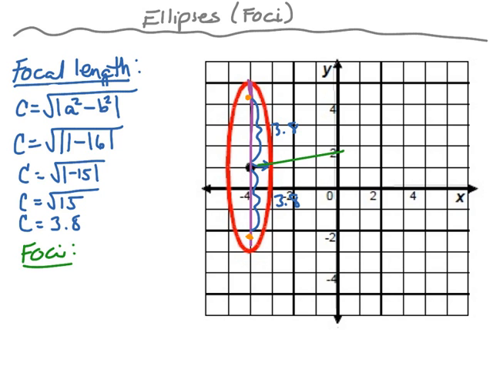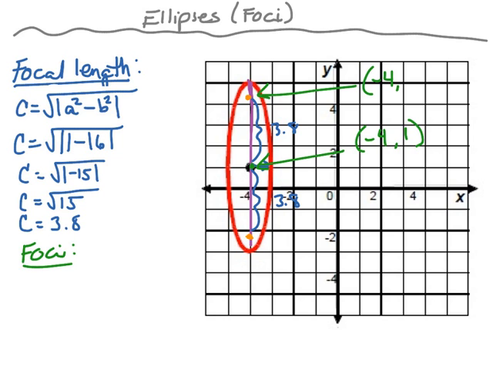Now let's be careful here, because this is our center, and that center is located at negative 4, positive 1. And what I'm looking for is this point right here. Now what we should notice is that the x value is going to stay the same. Negative 4 is still the x value for that point. The y value is different. What we've done is we moved the y value up 3.8 units.